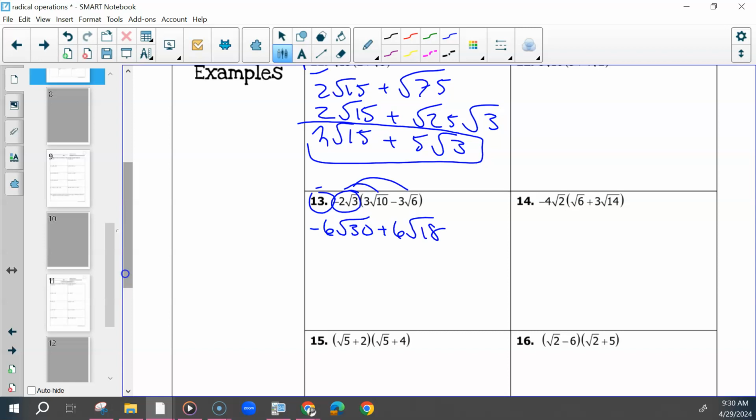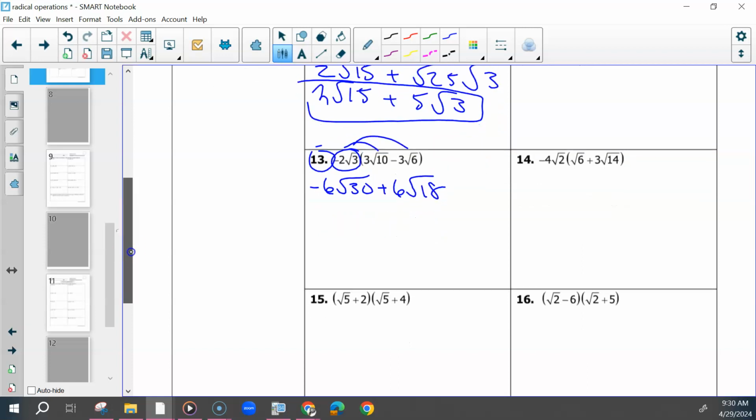Can we break down the square root of 30? No. 30 looks like a number we should be able to break down because it's pretty high, but 30 is a number that we cannot break down because its factors are 15, 2, 3, and 5. There aren't any pairs.